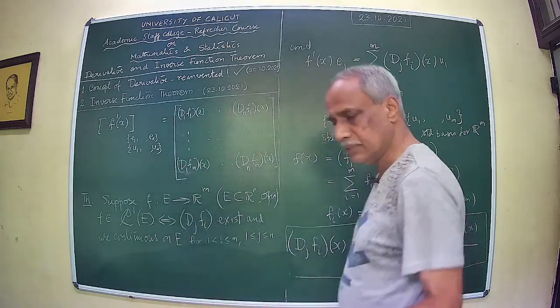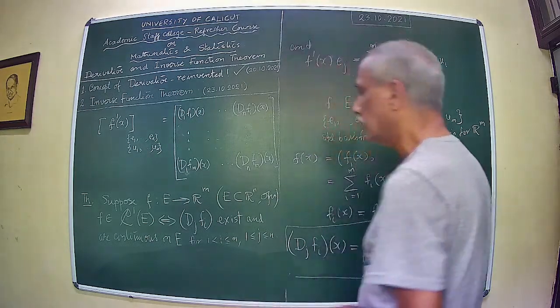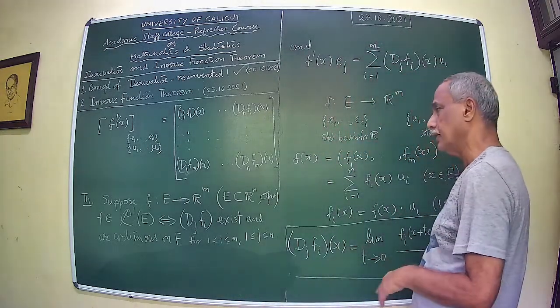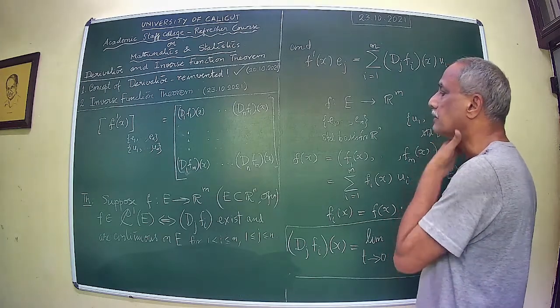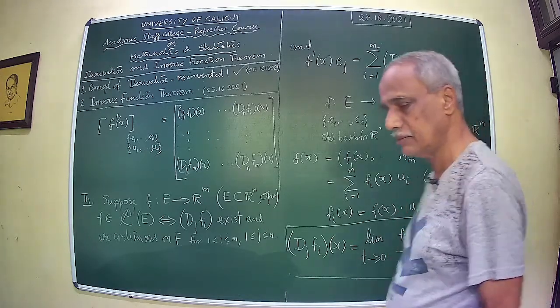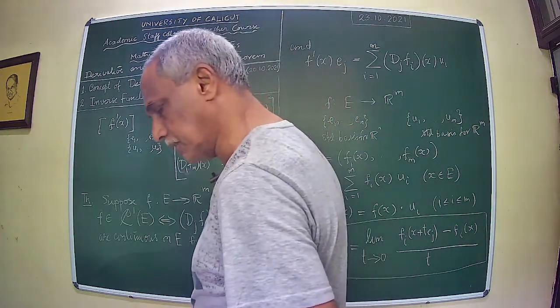So that tells us the relation between the differentiability of the function and the existence of the partial derivatives of all the components.